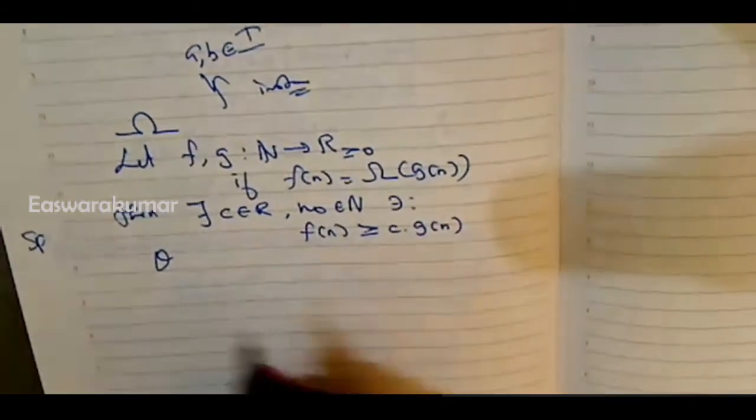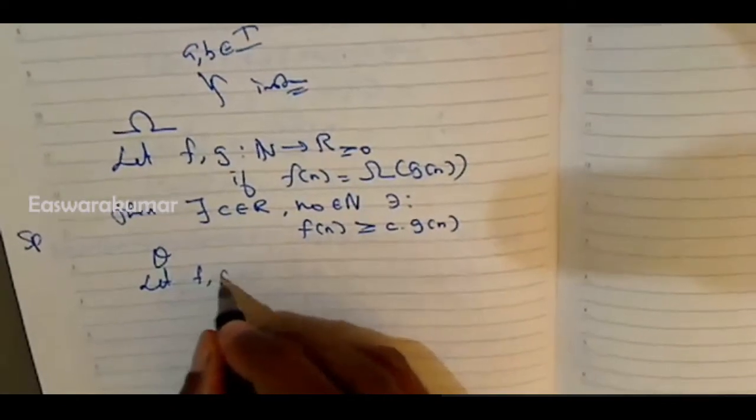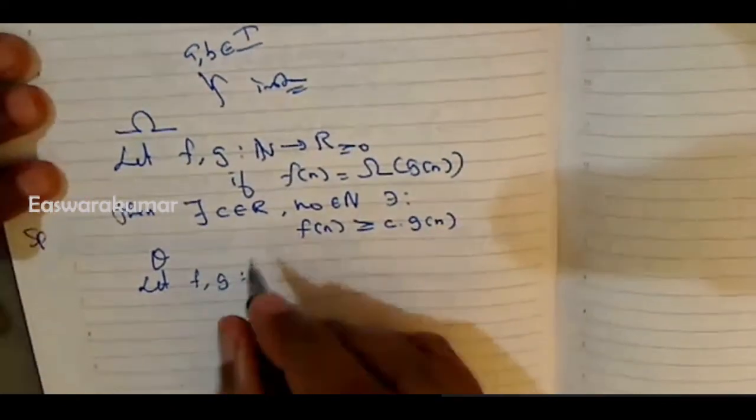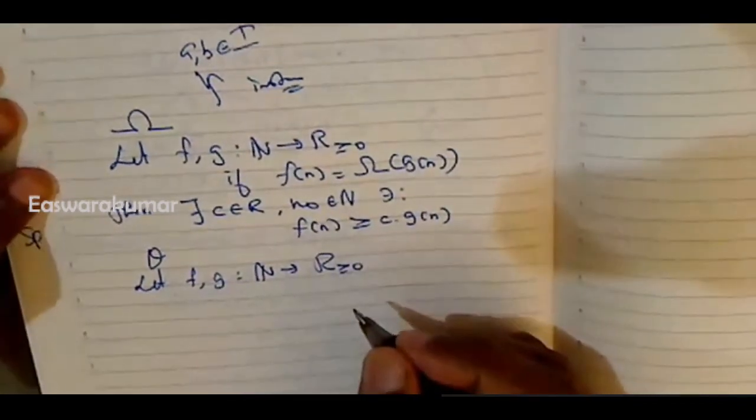So theta notation, once again, let me give the definition. So here also, two functions f and g from the set of natural numbers to non-negative real numbers.